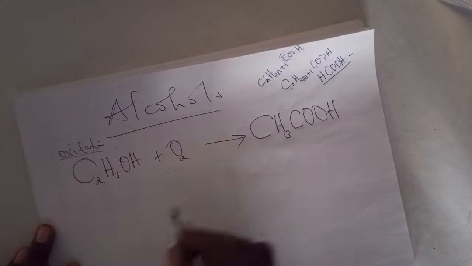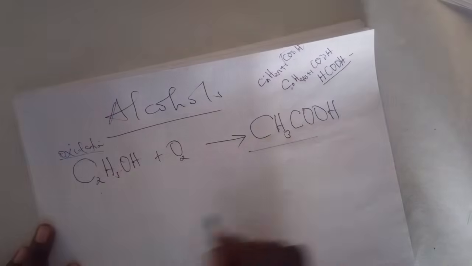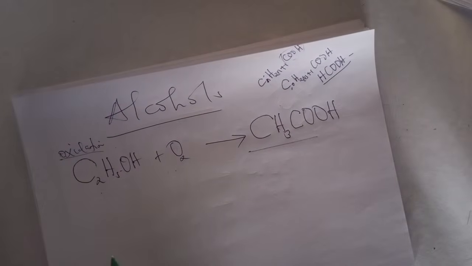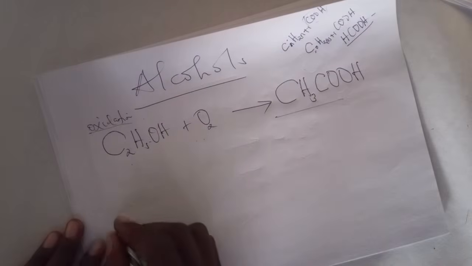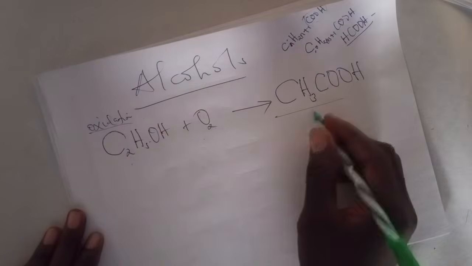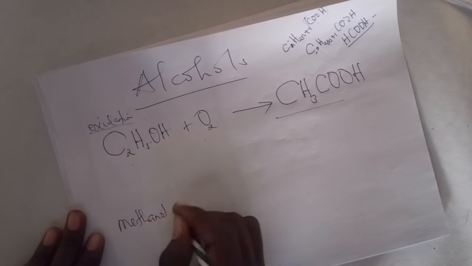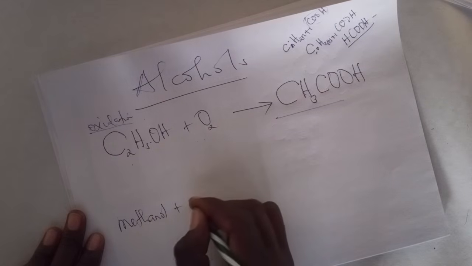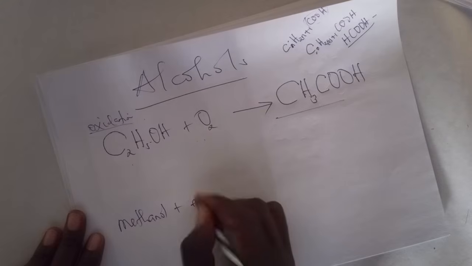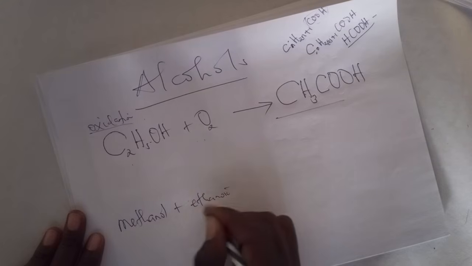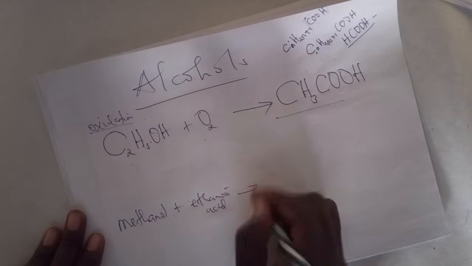All right. Now, this ethanol can undergo a process called esterification, where an acid reacts with an alcohol in order to produce an ester. Okay? For example, this is just an example aside from this, we can say methanol plus ethanoic acid. What are we getting?